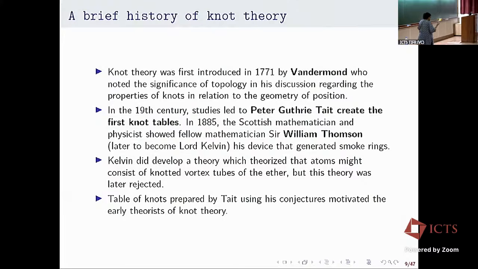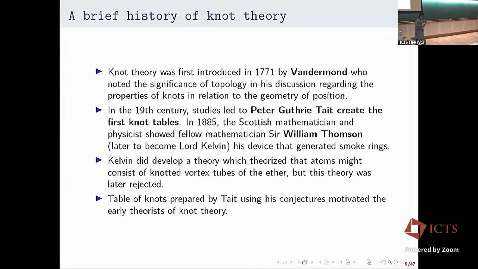So they thought that if they could classify all knots, that would lead to a table. In their collaboration, there was a mathematician named P.G. Tate, and he took this as a project. He was a discrete mathematician doing combinatorics, and he was good at those things. So he took it as a project to enumerate, find patterns, and classify all the knots.